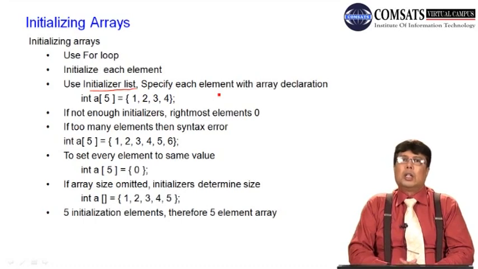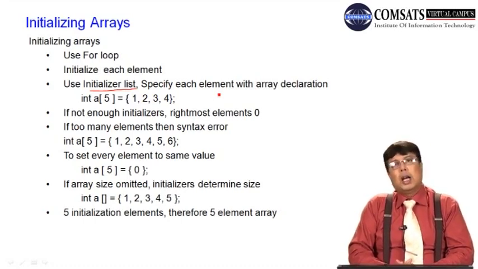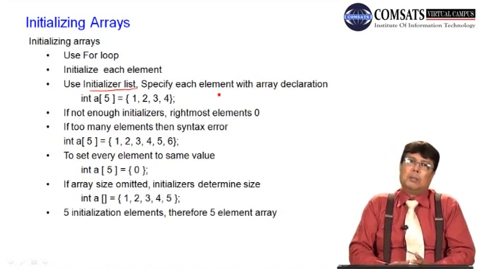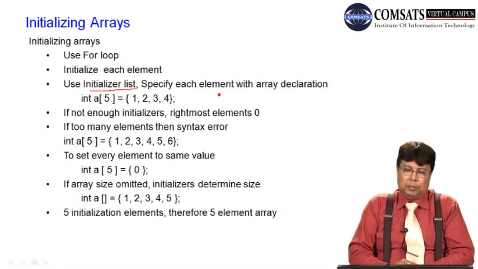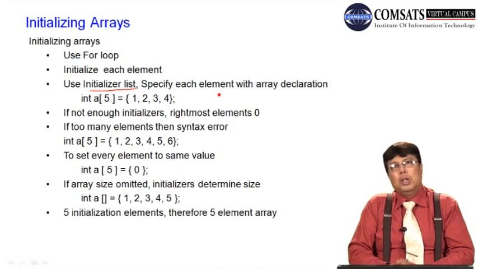Declaration means just telling the compiler, the system, the data type and the name. Definition means to allocate the memory also. The memory is set aside whenever we define something, either a variable or a function. Initialization means putting the initial value into the variable.